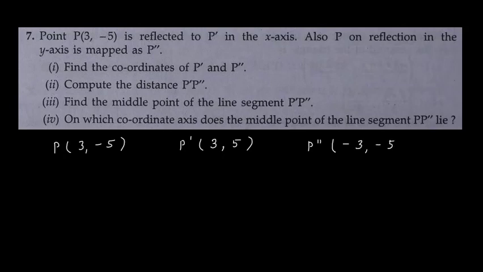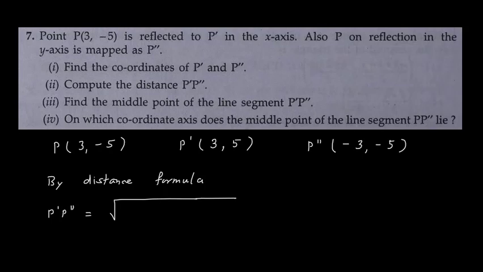Second, we have to compute the distance P dash P double dash. By the distance formula, P dash P double dash will be equal to the root of (3 plus 3) whole square plus (5 plus 5) whole square.